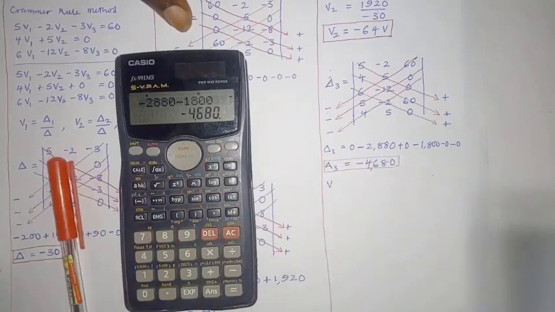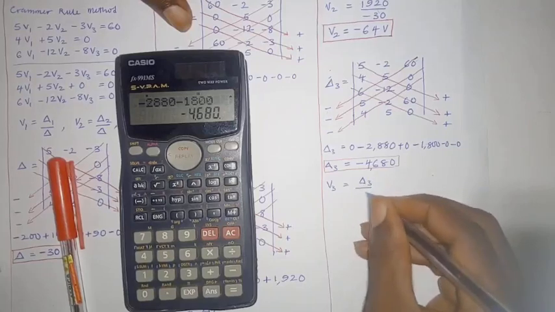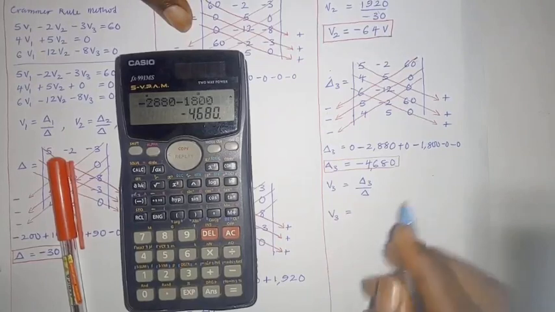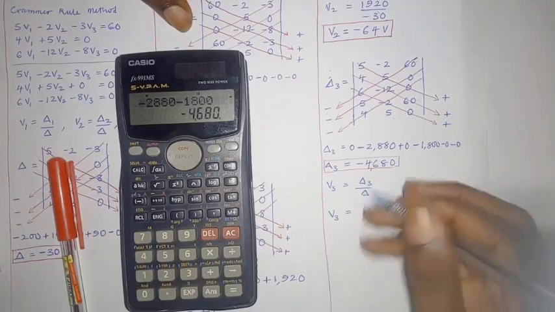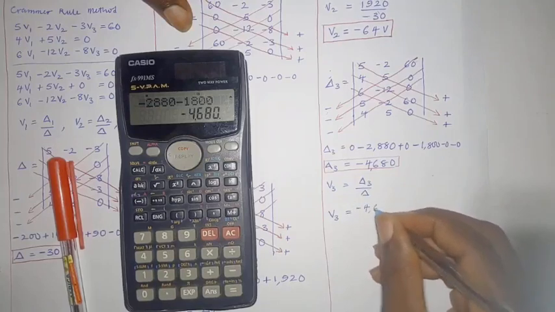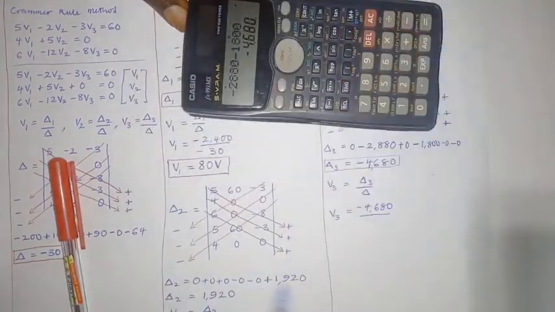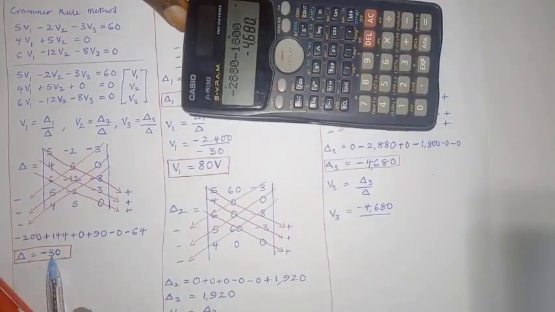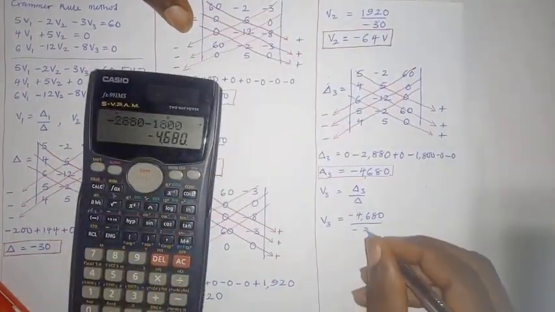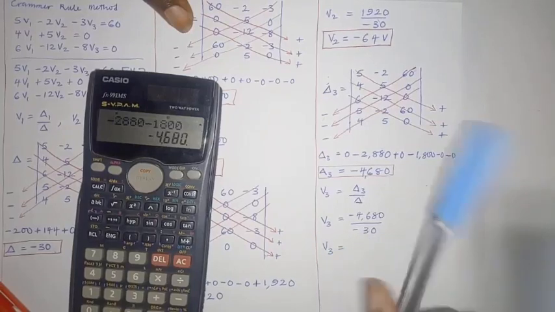Let's find our V3. Our V3 equal to determinant 3 over determinant. Our determinant 3 is what? We just got that one now, minus 4,680, don't forget the sign, over, then what's our determinant? The determinant we've been using since, that is minus 30. So V3 equal to what?